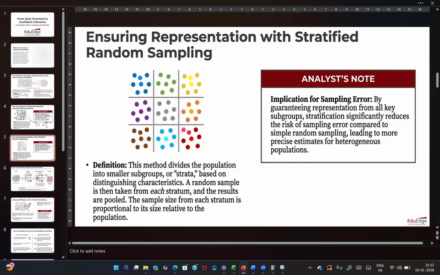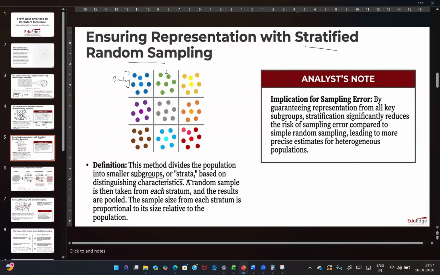So how do you ensure representation? One of the classical unbiased ways is stratified random sampling, which is to divide your entire population into subgroups or strata. Hence the name stratified sampling. Now these strata have similar characteristics within each stratum. For instance, this could be the banking cohort or stratum.